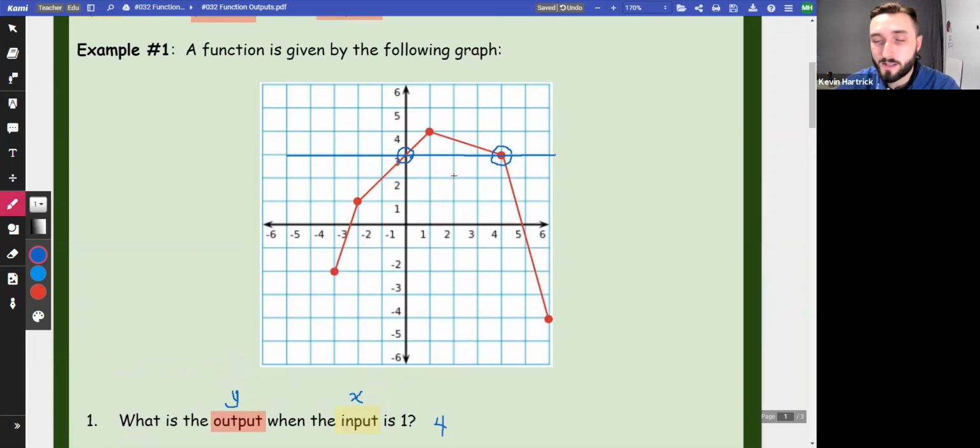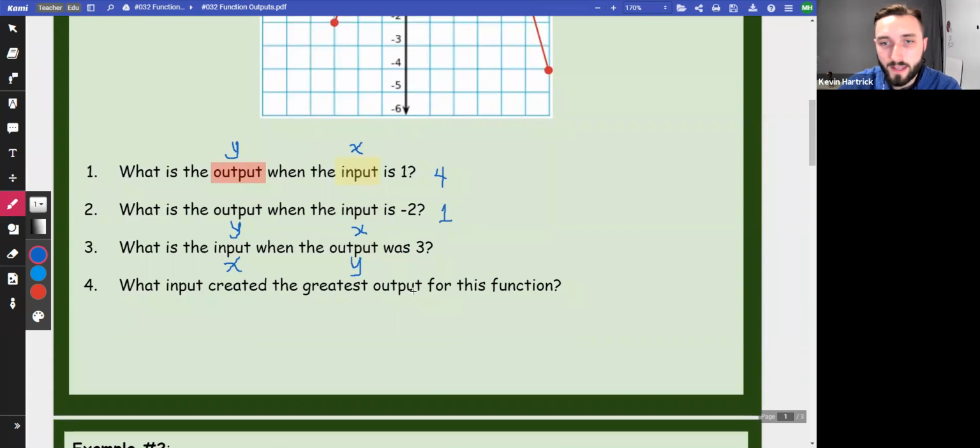One answer is not sufficient. My red line crosses Y equals 3, the horizontal line I just made, at 2 different spots. So there are 2 spots in this function that have an output of 3. Both of those X values are necessary for the answer to number 3.